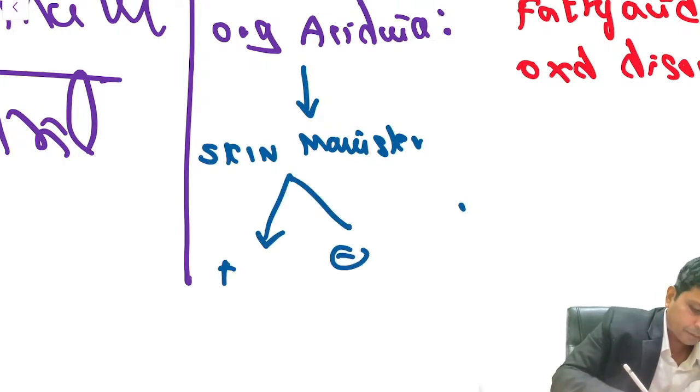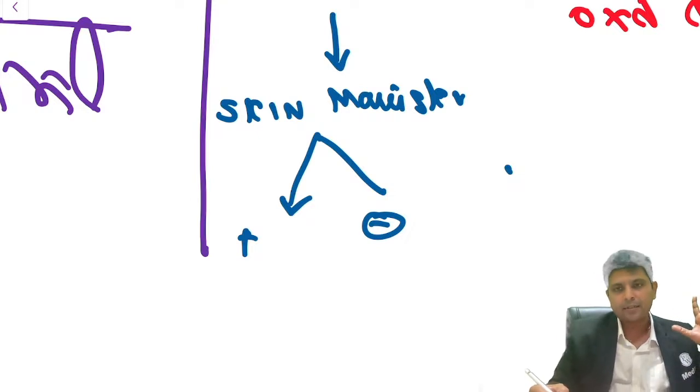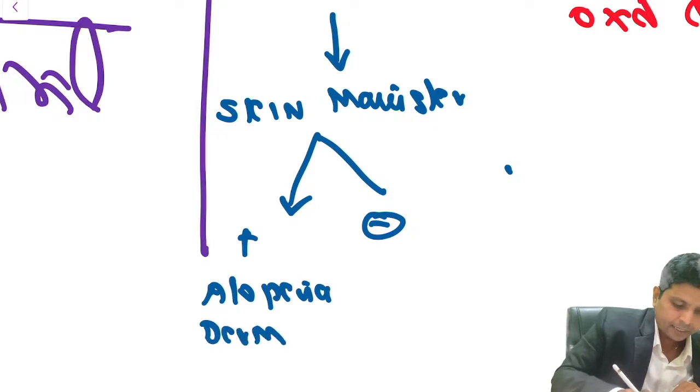Skin manifestations means eczema, dermatitis, alopecia.